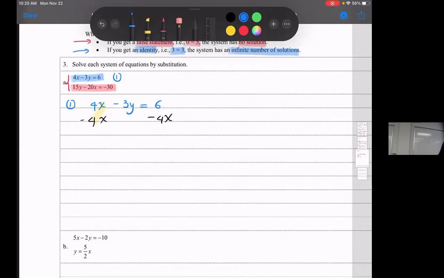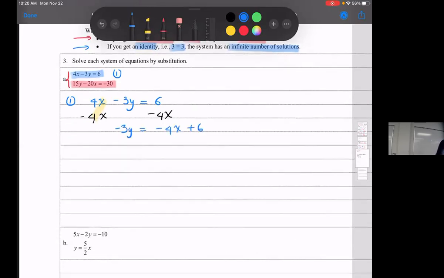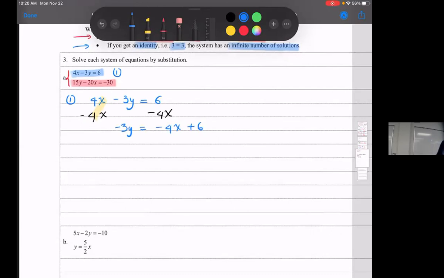I have negative 3y equals negative 4x plus 6. And then what do I do next? Yeah, divide by negative 3. Negative 3, gone. So I have y equals 4/3 x, now positive, minus 6 divided by negative 3 is negative 2.